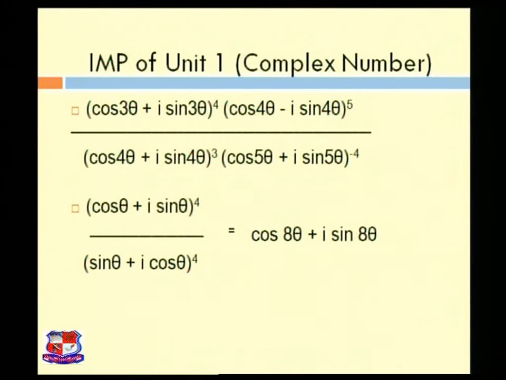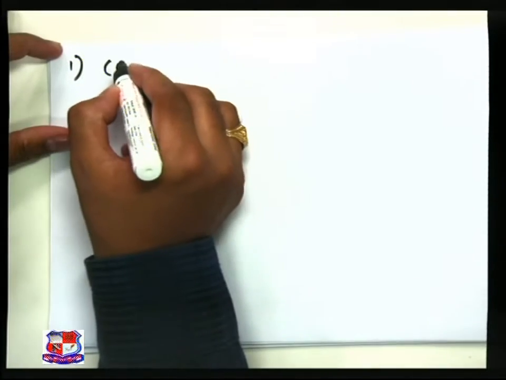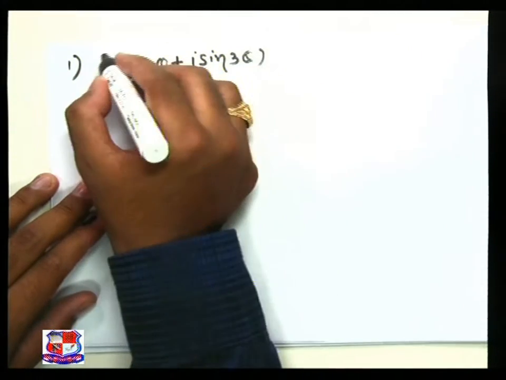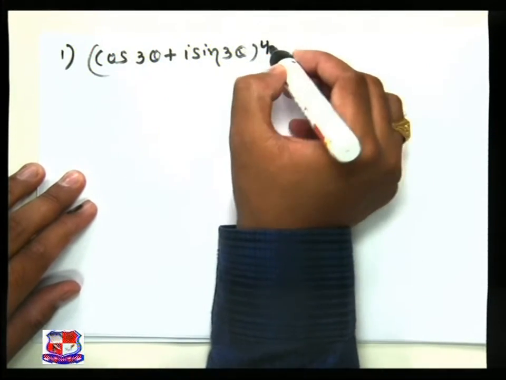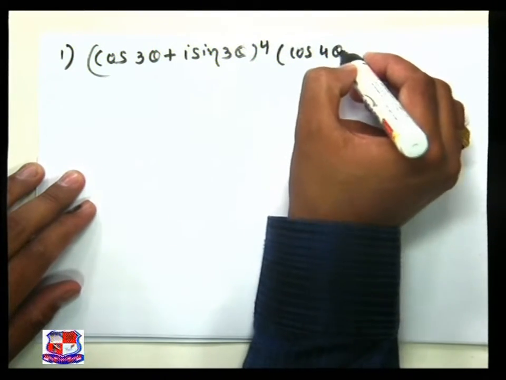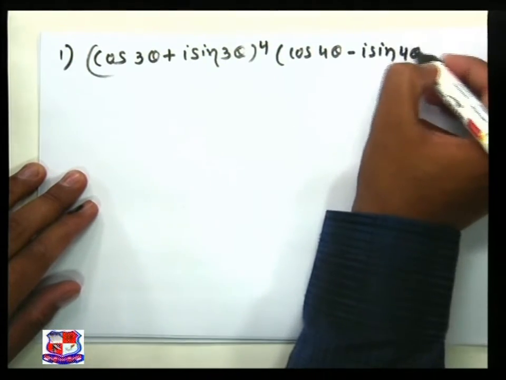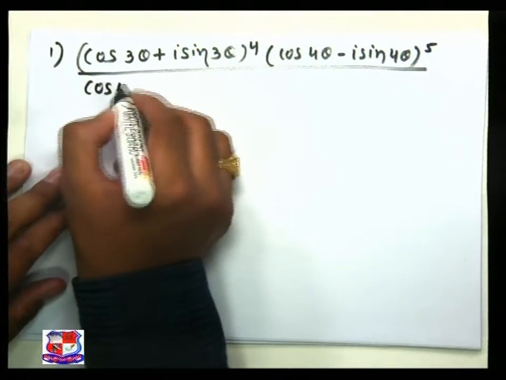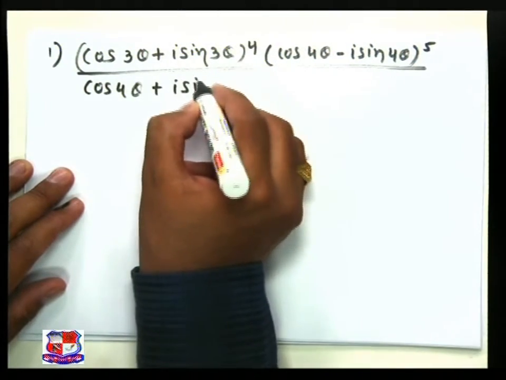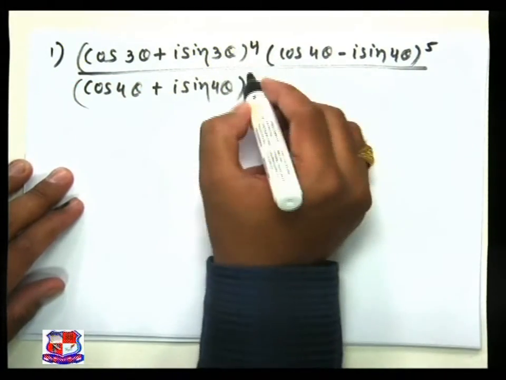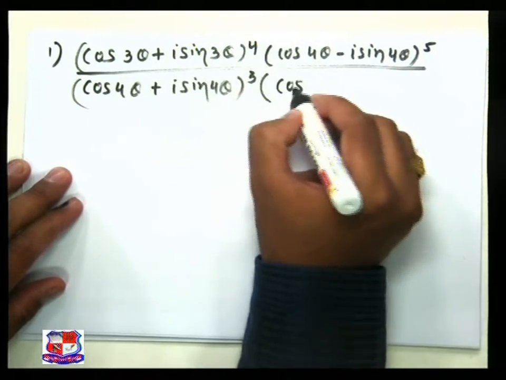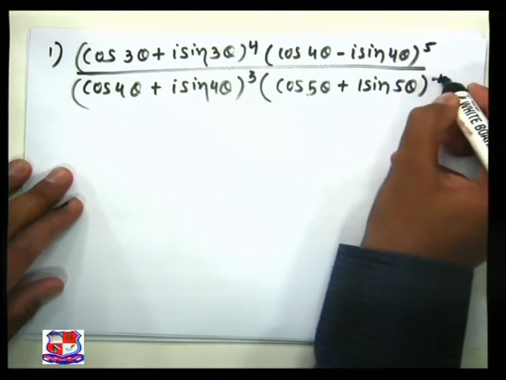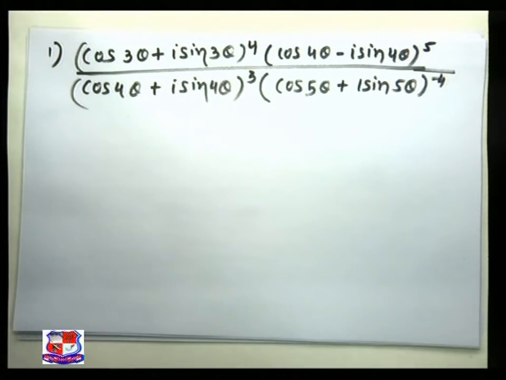First of all, we want to simplify cos 3 theta plus i sin 3 theta raised to 4 into cos 4 theta minus i sin 4 theta raised to 5 divided by cos 4 theta plus i sin 4 theta raised to 3 into cos 5 theta plus i sin 5 theta raised to minus 4.